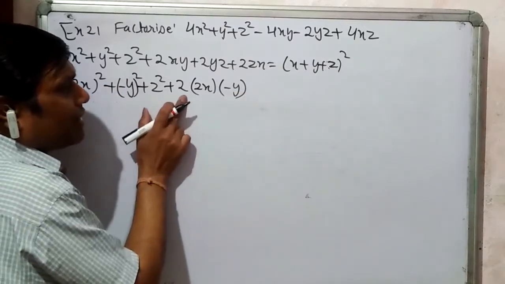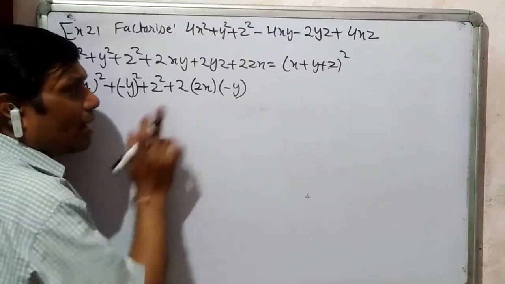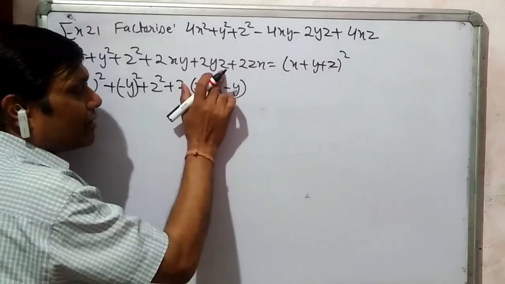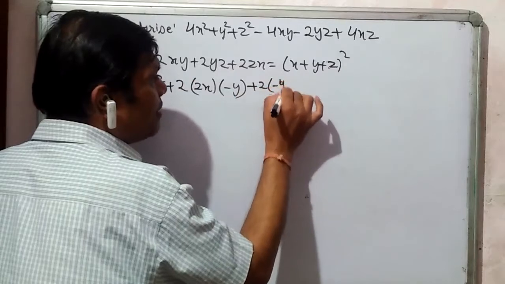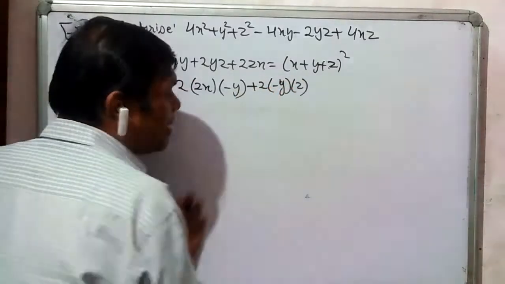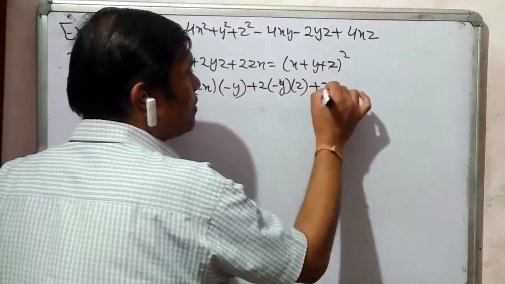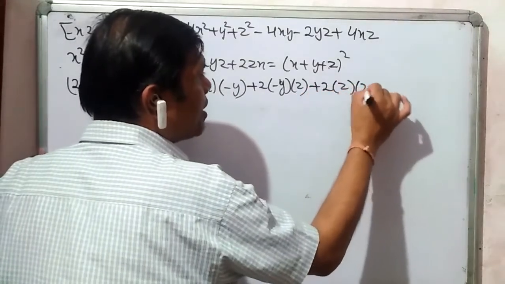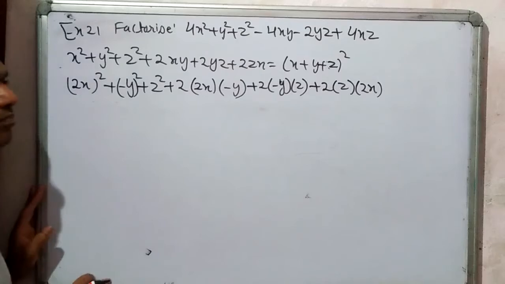Although we solve it, we will get the same negative 4xy which we are having over here. Third one, the next term is 2yz. 2 multiplied negative y multiplied z, plus 2zx. 2 multiplied z multiplied twice x. Both are positive, we are getting 4zx.